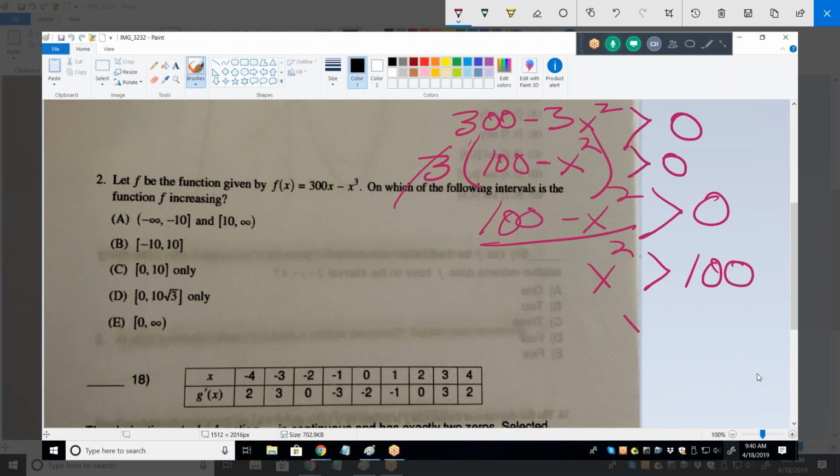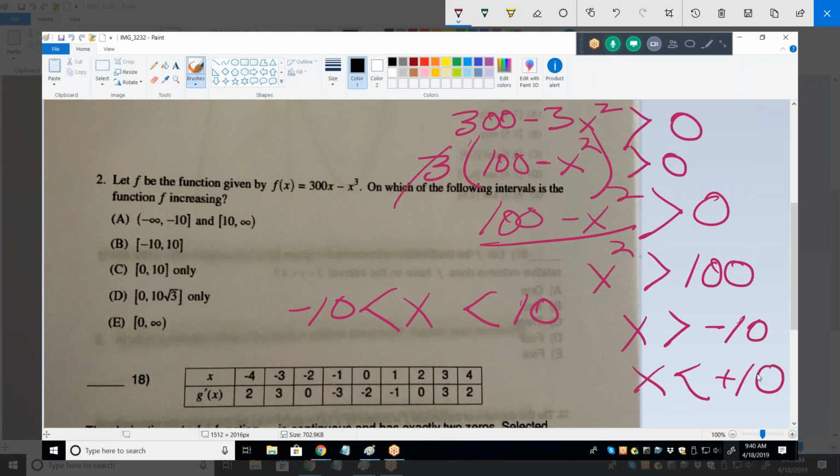That's why I say this is a little tricky. It has to be greater than minus 10 and less than plus 10. So what's the right way to write that? x has to be greater than minus 10 and less than 10, and am I missing something here?